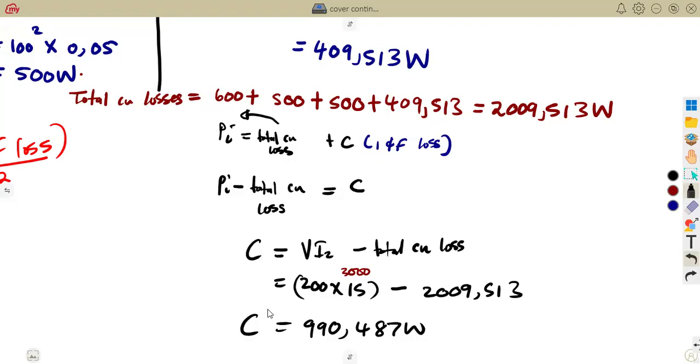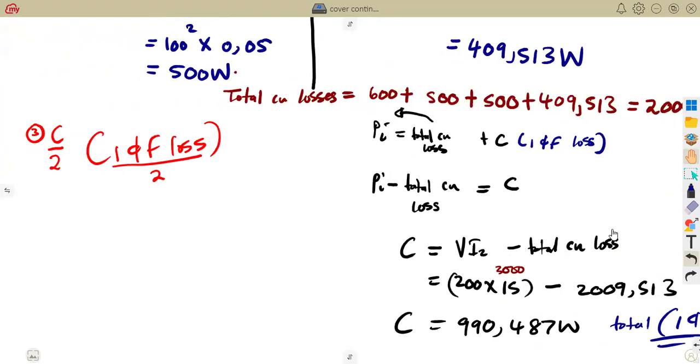So this C, guys, is the total. But remember, we are considering each machine now, because these losses are being shared equally. That is why, with the copper losses, we included everything. So this is the total of our iron, friction, and windage losses. But that's not what we want, because we need the efficiency of each machine at the end.